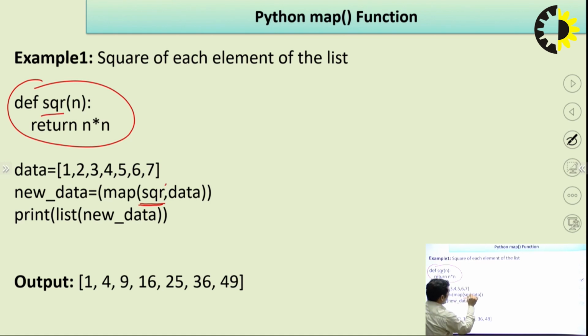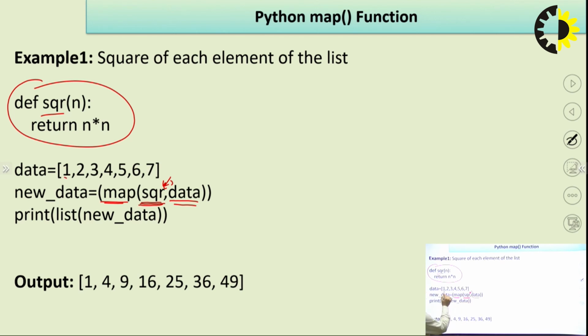Here there is no need to pass arguments externally. This function performs the action on each and every element of the data. So there is no need to pass separately as in general function calling. Just give the name of the function here.